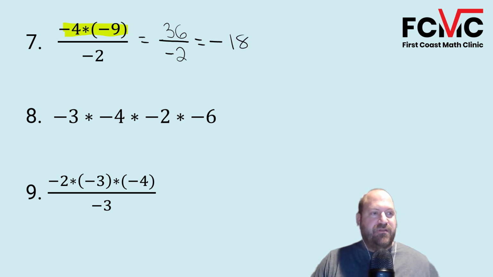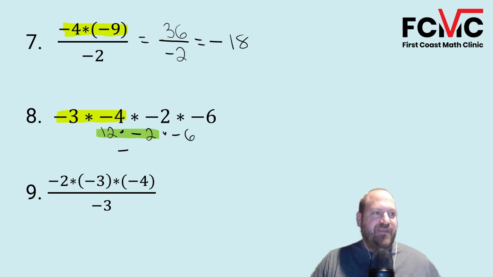Number 8, let's go left to right. Negative times negative. We're multiplying two numbers that are the same sign, so the sign of our answer is going to be positive. So we get positive 12 times, I'm going to bring down the negative 2, times negative 6. So now, let's multiply 12 times negative 2. So now we're multiplying two numbers that are opposite signs, positive and negative.